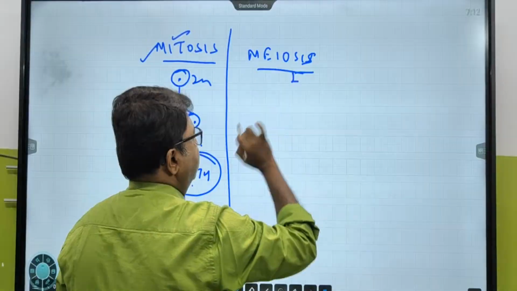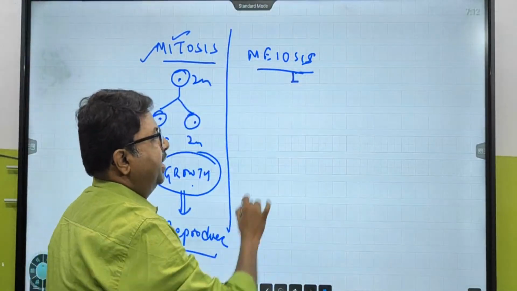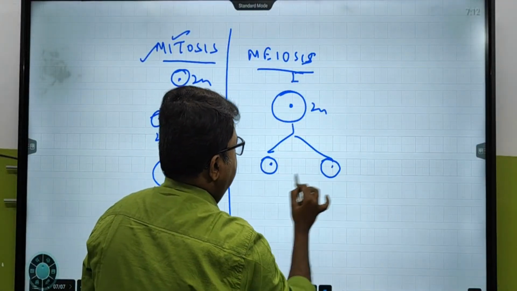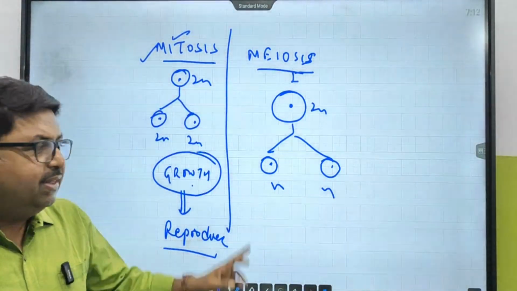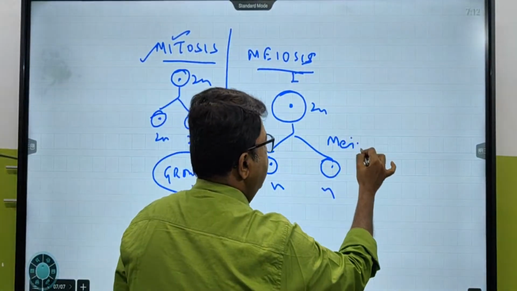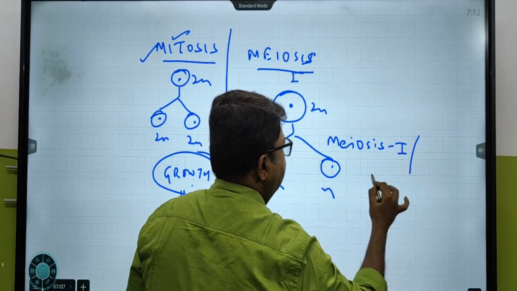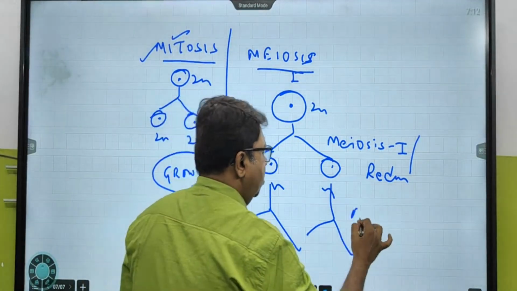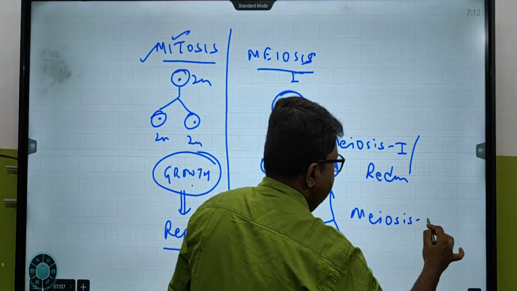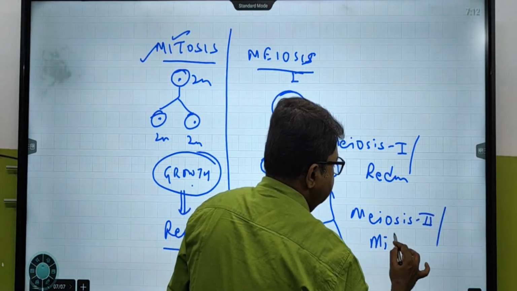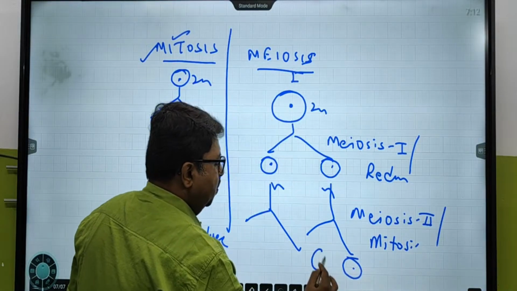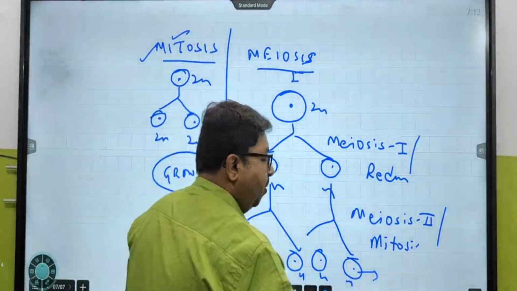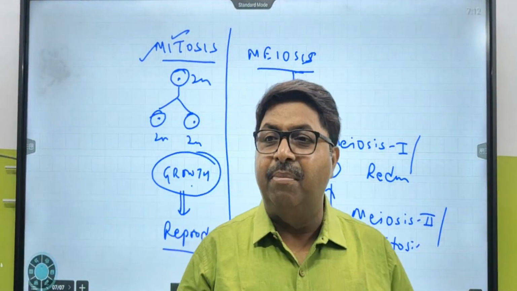So what is the importance of meiosis? It is only by meiosis that the chromosome number reduces to half. This first takes place by meiosis I, which is basically called reductional division, and then these cells undergo meiosis II, which is also called mitosis or equational division, forming n number of chromosomes.